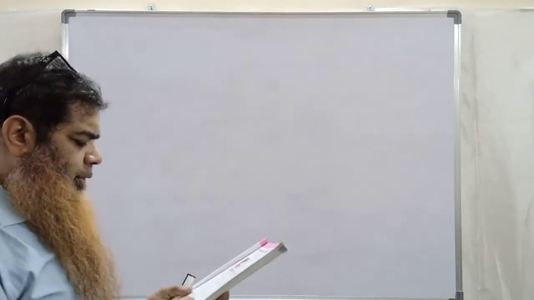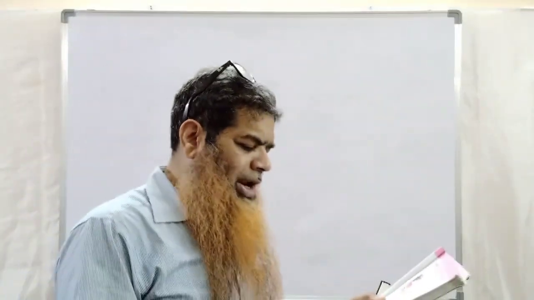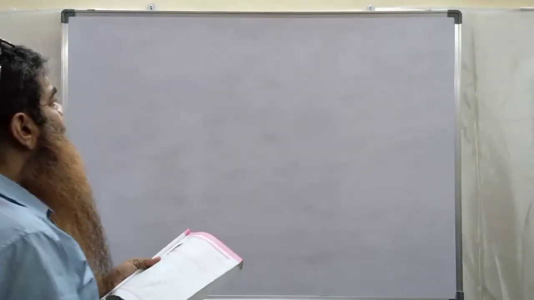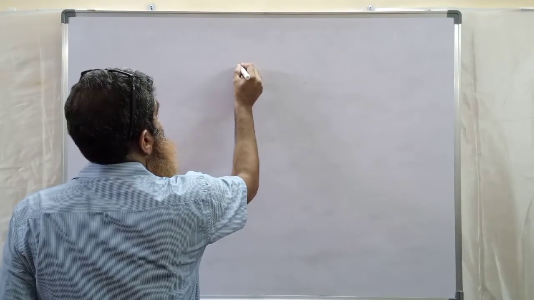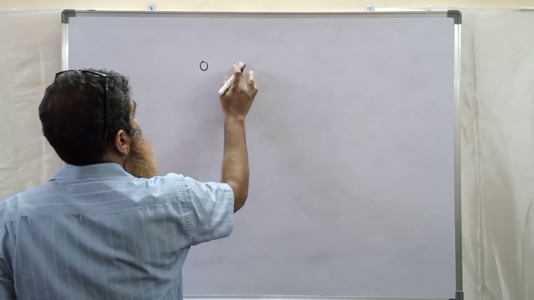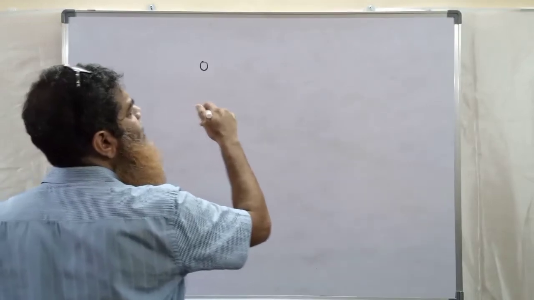Now children, in the first chapter, Knowing Our Numbers, going to part 1.5 on page number 5, introduction of large numbers. Let's go back a little bit. The smallest single digit number is 0, but 0 on the left place has no value.